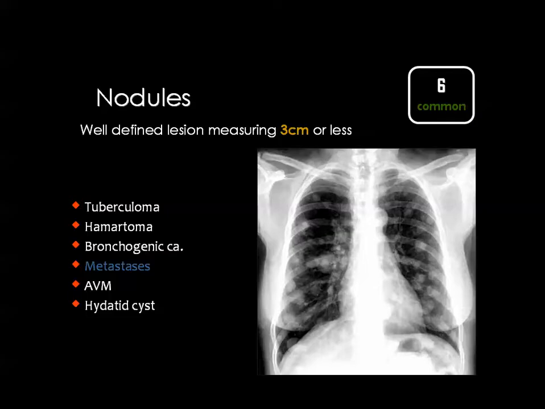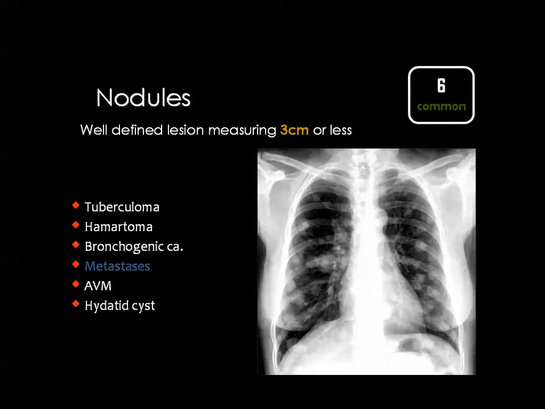And you can ask yourself the questions I will ask you during this talk and try to reach the facts during your clinical practice. The common nodules, which are well-defined lesions less than 3 centimeters in diameter, include the tuberculoma, the hamartoma, the bronchogenic carcinoma, metastasis, arteriovenous malformation, and the hydatid cyst.